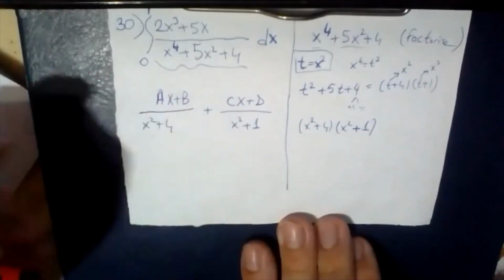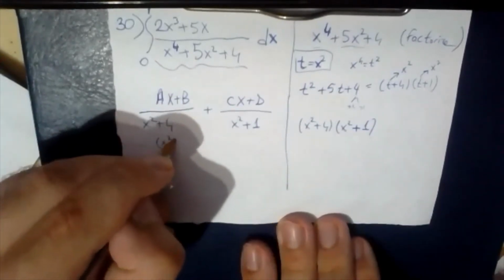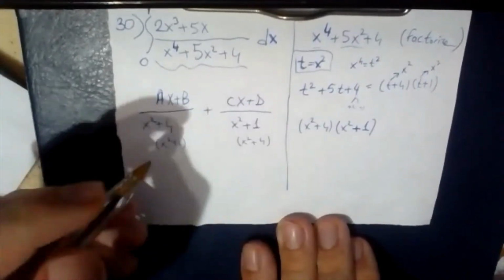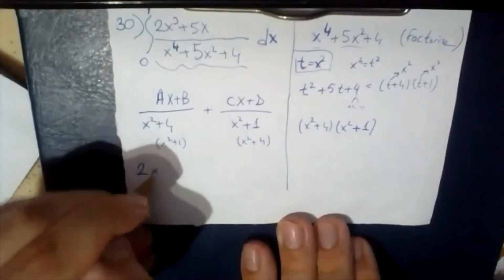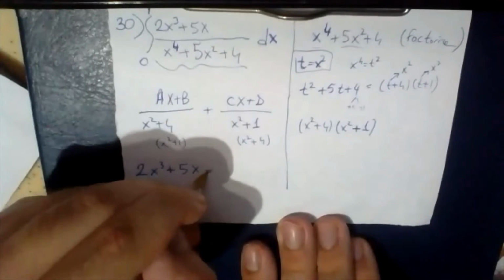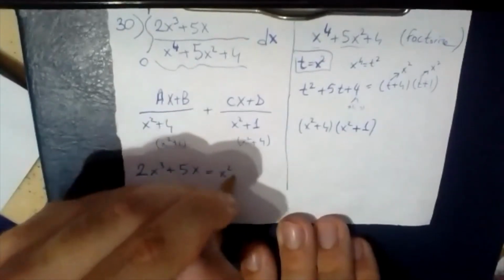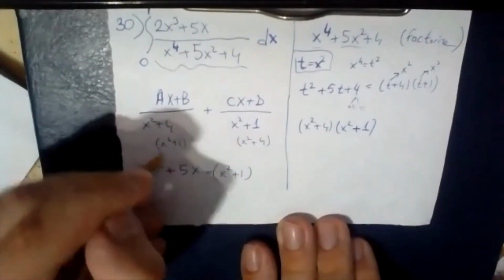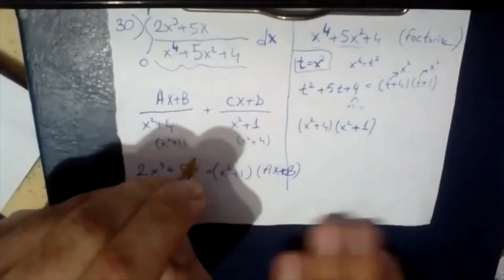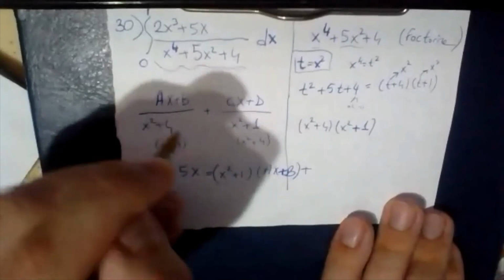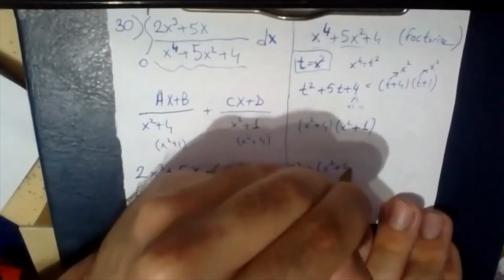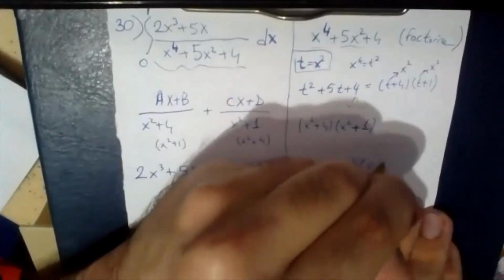Then after synchronizing the first denominator by x squared plus 1, the second denominator by x squared plus 4, we will see that 2x cubed plus 5x should be equal to (x squared plus 1) times (ax plus b) plus (x squared plus 4) times (cx plus d).